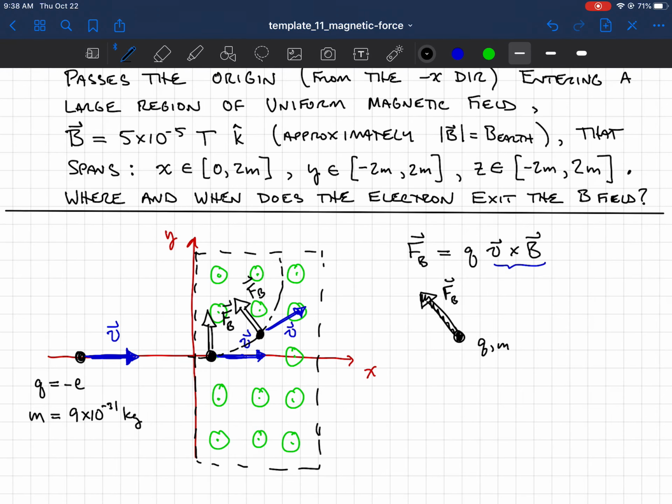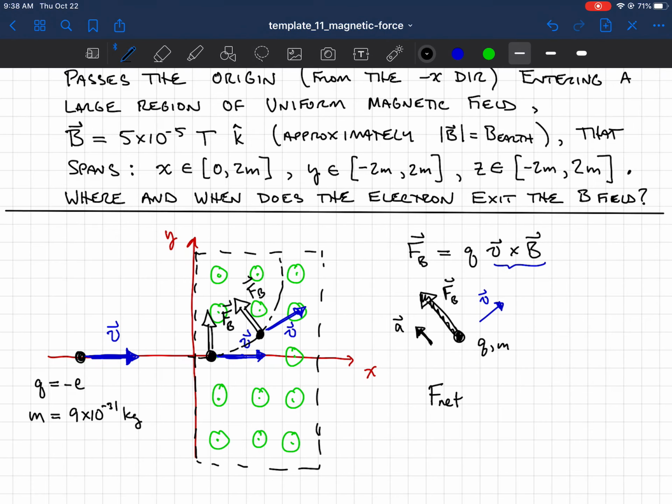It has a B force that looks like this. It's going to be moving with a velocity in this direction. That's not really part of our free body diagram. But we should also indicate the acceleration of this thing, which will also be inward on the path like that.